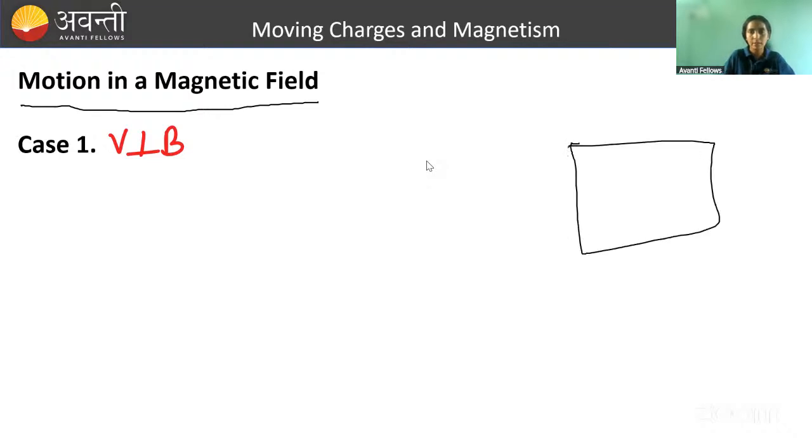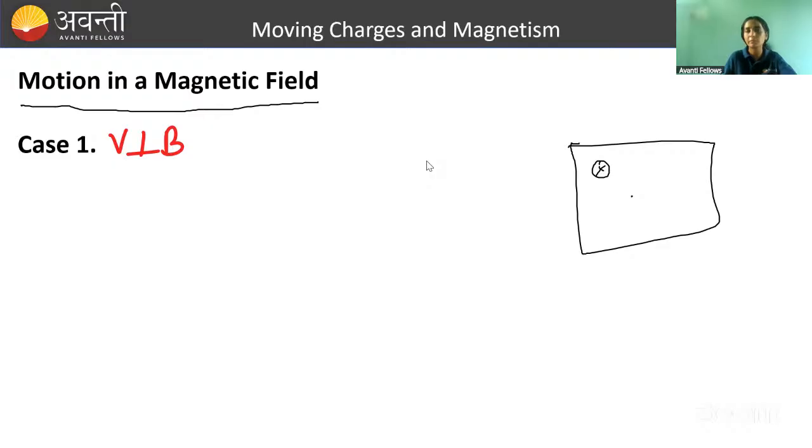So let's consider the first case. Let's say there is a cross magnetic field, perpendicular to the plane, into the plane. Into the plane means, whatever screen is in front of you, send a line inside it, that is into the plane, and a line coming out of it is out of the plane.